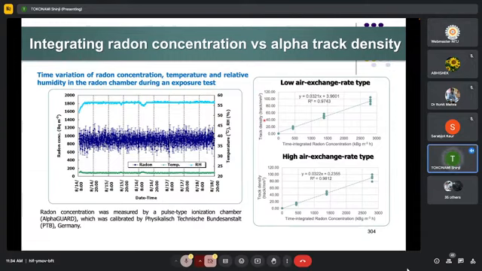Regarding integrated radon concentration versus alpha track density, this shows the time variation of radon concentration, temperature, and relative humidity in the radon chamber during an exposure test.